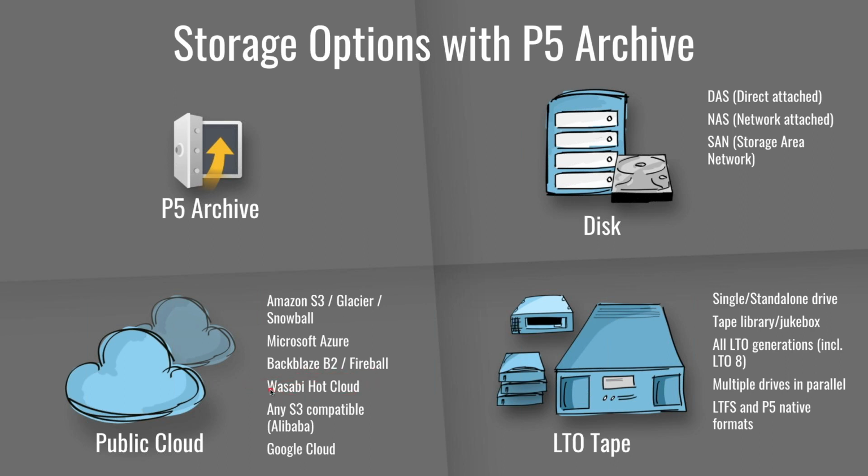Wasabi have some quite competitively priced cloud object storage. Anything that works with the S3 protocol, like Alibaba, which is a Chinese one. Google have cloud object storage. So that's all possible. You pay by the gigabyte, by the month, and you pay for various service levels depending on level of redundancy, retention, speed, things like that.